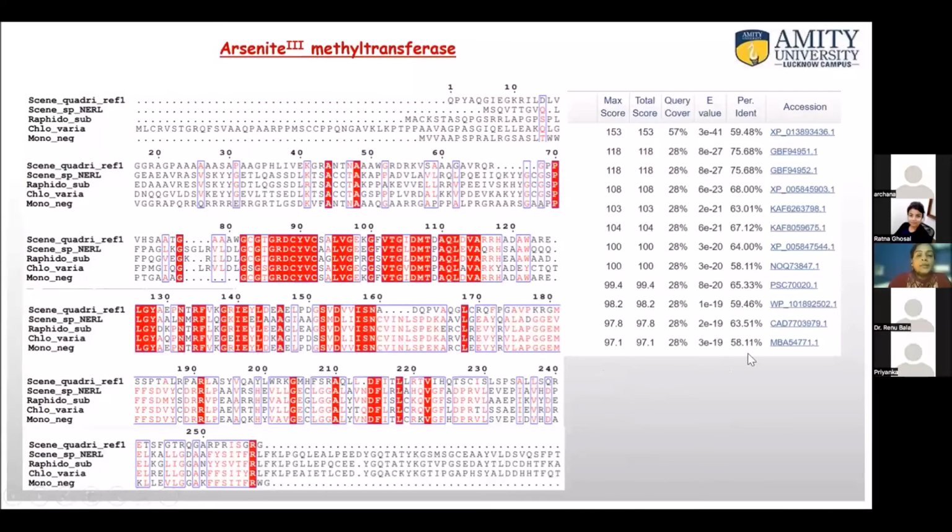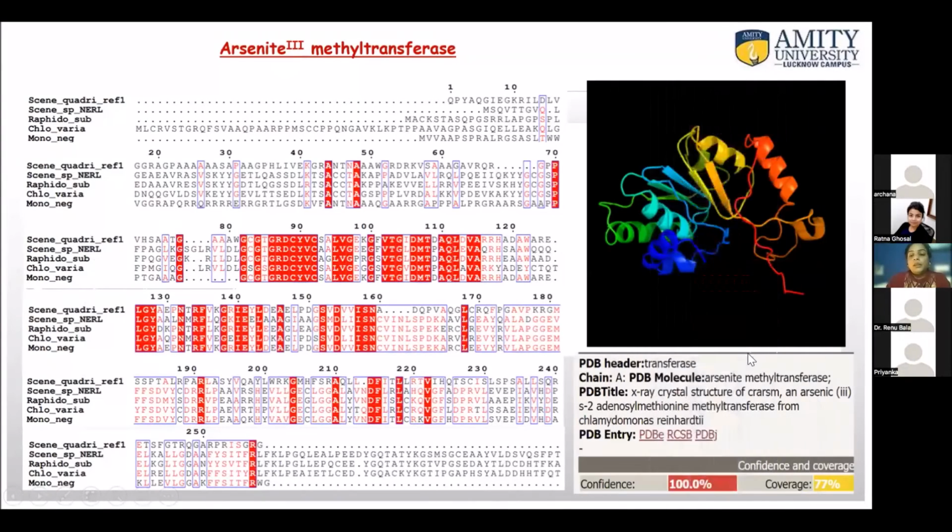We also checked with software, that is SWISS-MODEL, whether it has any similar crystal structure present in the web portal.